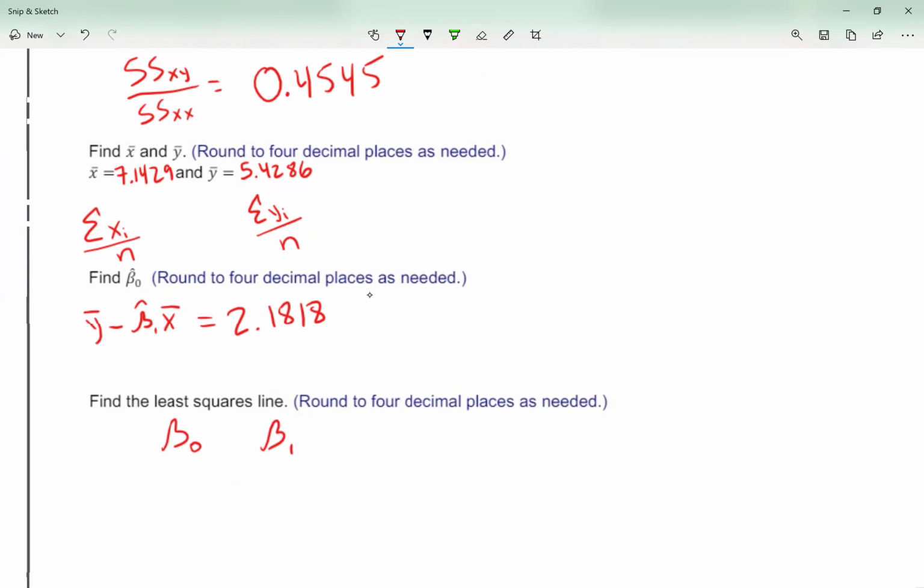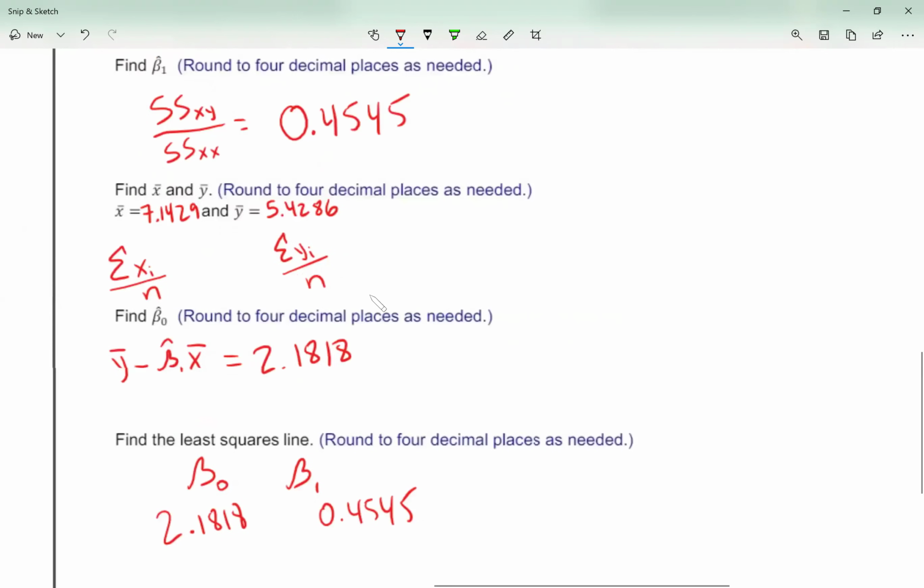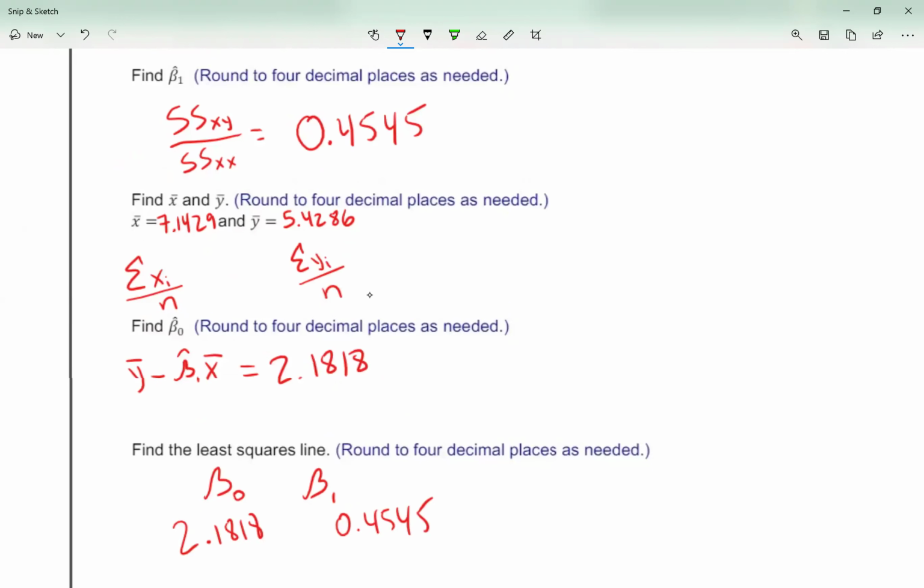Remember when we did this equation earlier? Beta 0 and beta 1. I know my value of beta 0. Rounded to 4 decimal places, my value of beta 0 is 2.1818. And I know my beta 1, it was 0.4545. Remember, we found that up here. You guys see it up here? My beta 1, my beta 0.